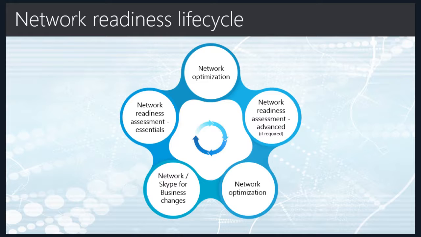Once you've done that essentials, you might need to do some new network optimization. Maybe you've added a lot of new clients and it turns out that these new clients are actually using more bandwidth than you were expecting. This might trigger a new assessment, network readiness assessment, or maybe not. And as you can see, this is a life cycle that will continue over and over.